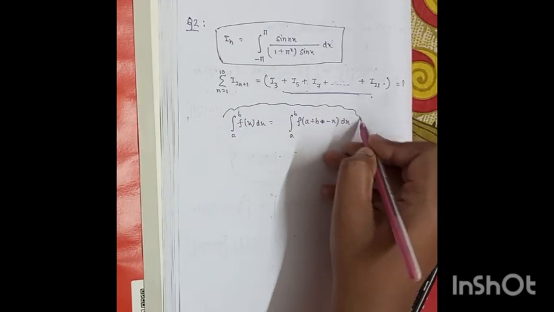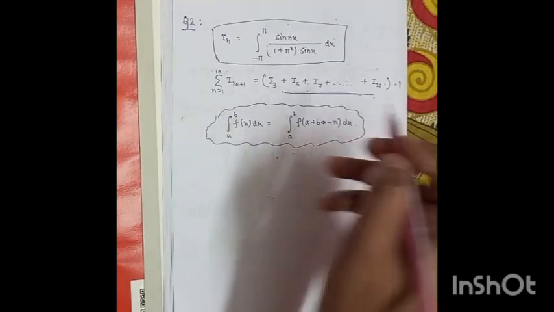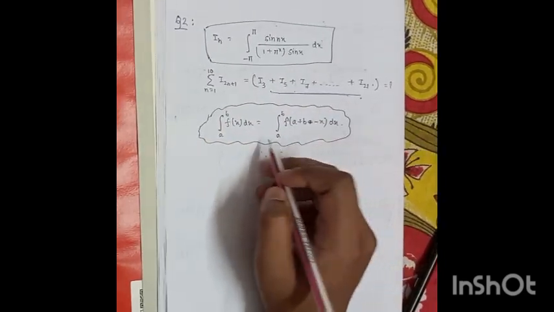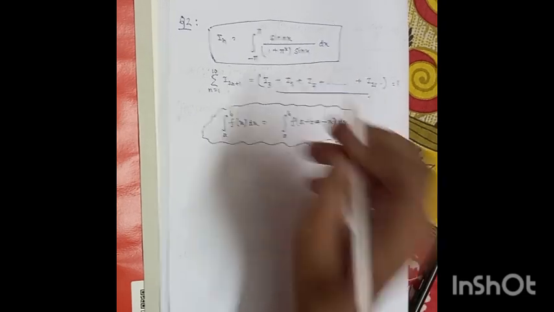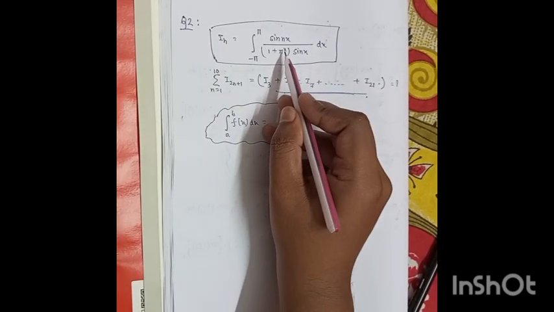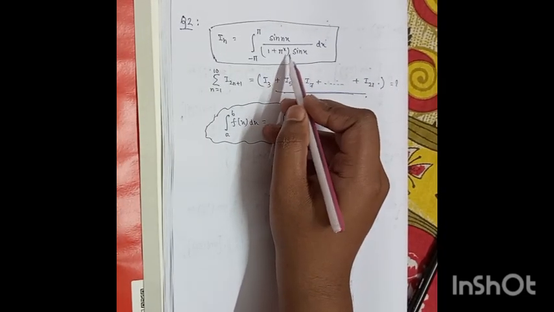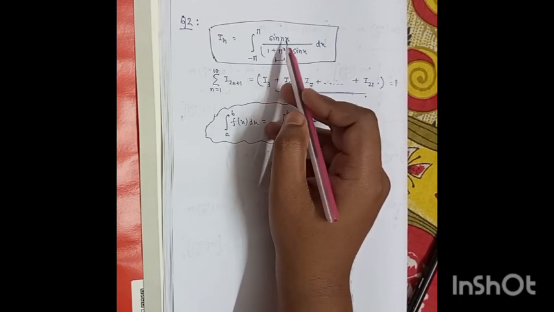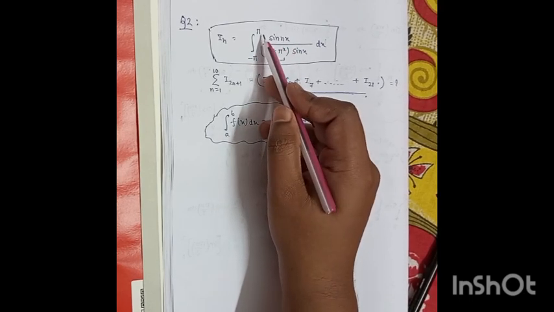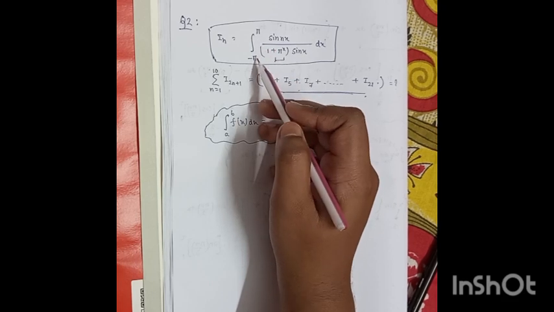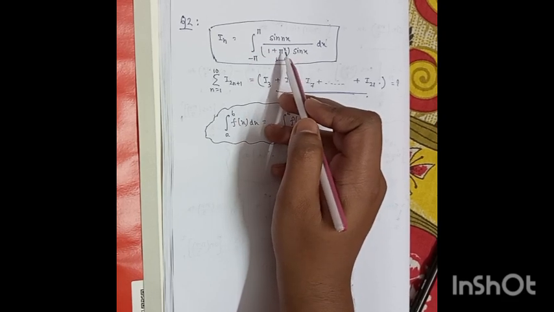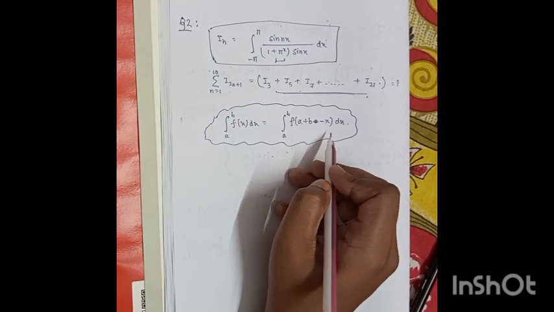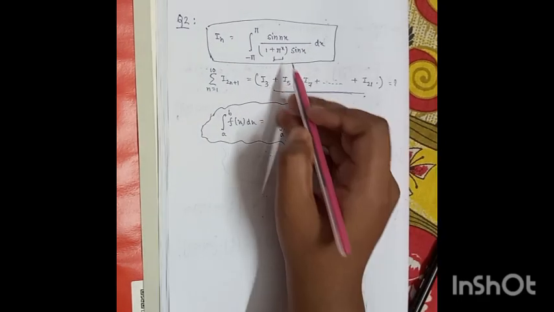So this property of definite integration will be used in this question because we have an exponential term involved here, and also we can notice that if we sum up the limits, a plus b becomes 0, and then a plus b minus x becomes simply minus x.